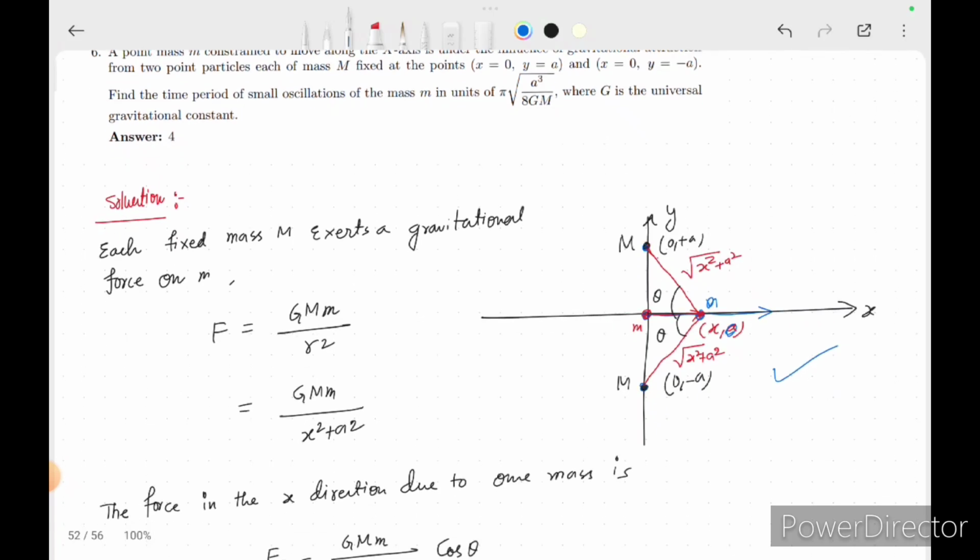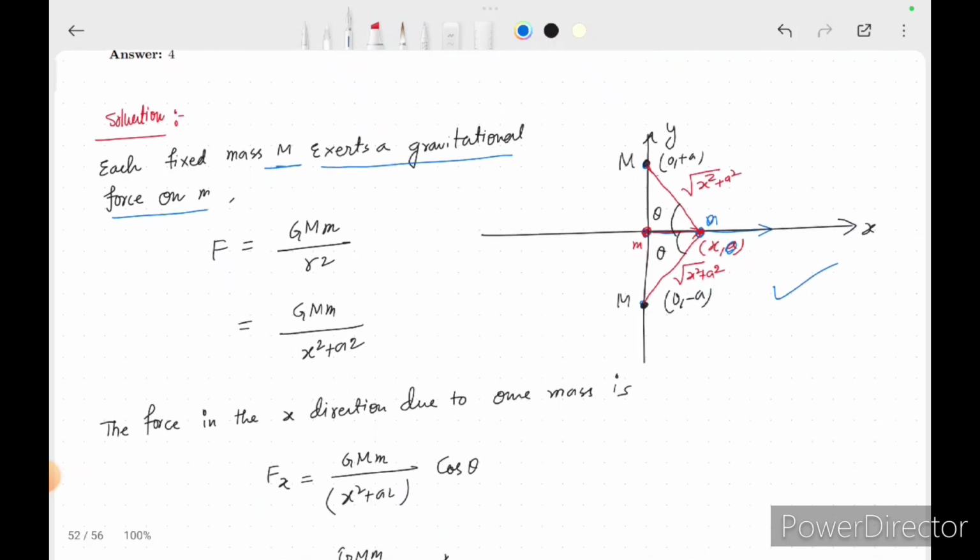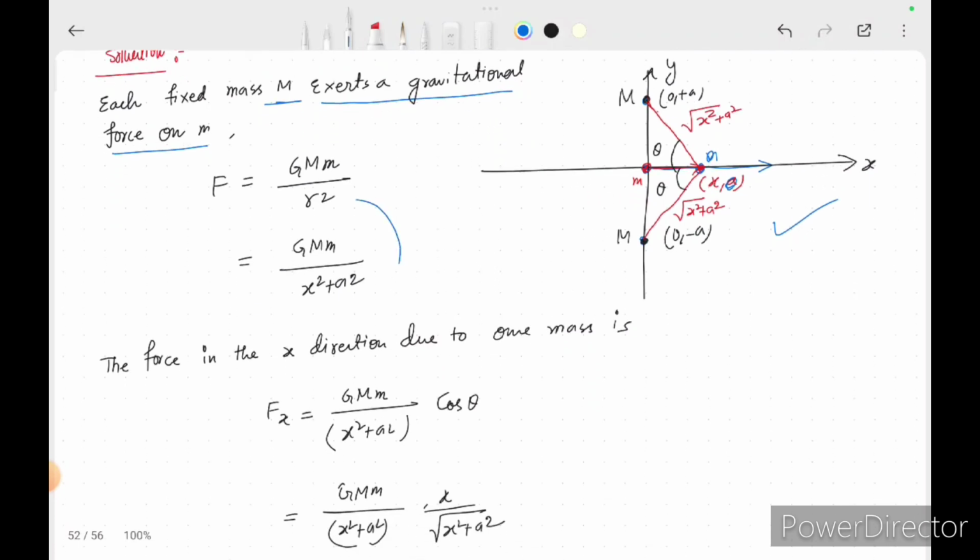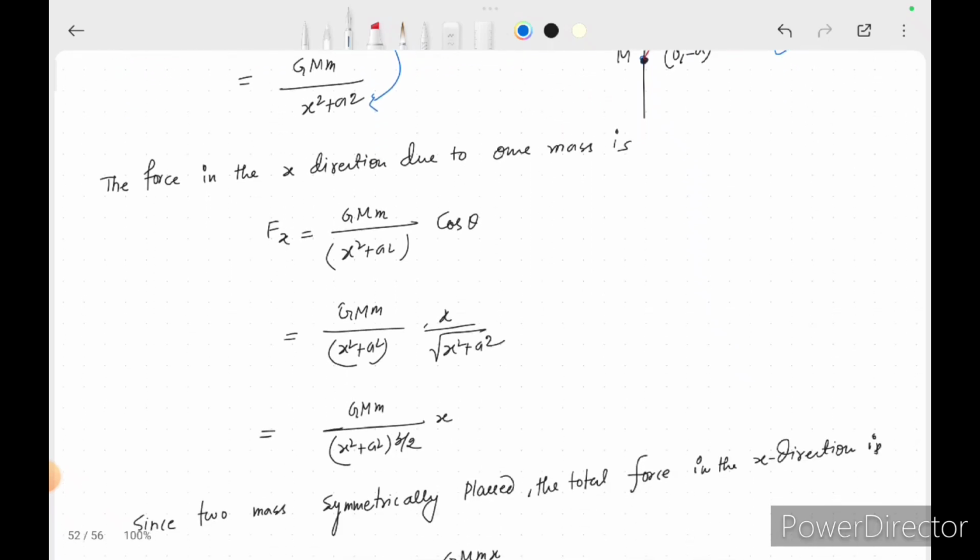Now the distance between capital M and small m is root under x square plus a square, for both cases. So each fixed mass M exerts a gravitational force on small m, F equals G M m upon r square, and r is root under x square plus a square, so that is equal to G M m upon x square plus a square, and the force is in the x direction due to one mass.